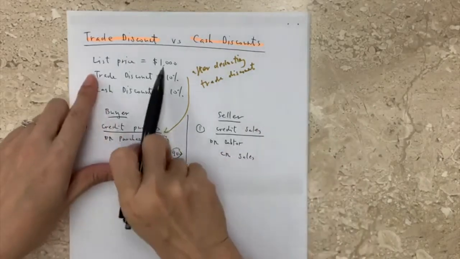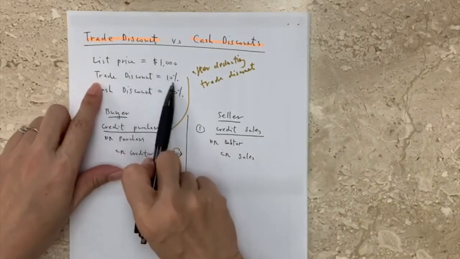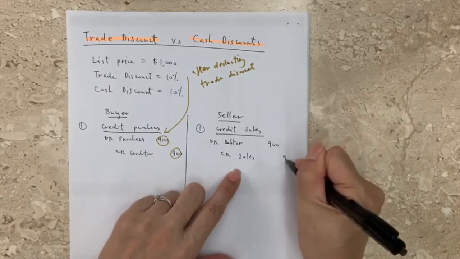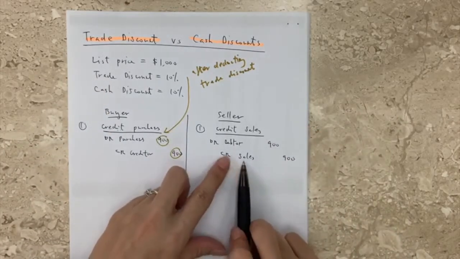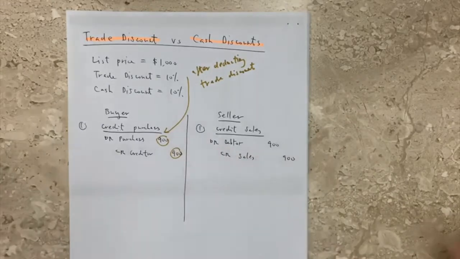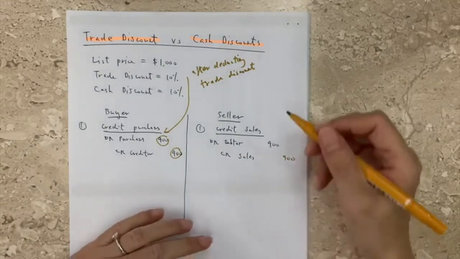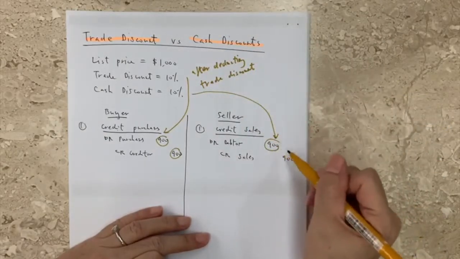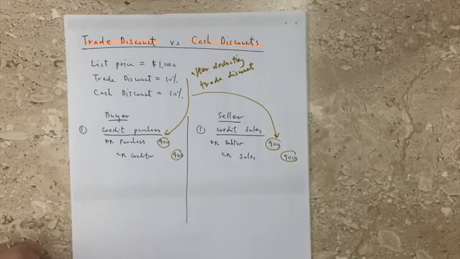And the list price, which is 1,000, again we give another 10% off, so that would be 900 and 900. That means after sales the debtor owes us 900. And what is the meaning of this 900? Also after deducting trade discount of 10%.